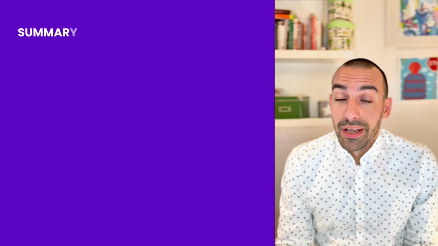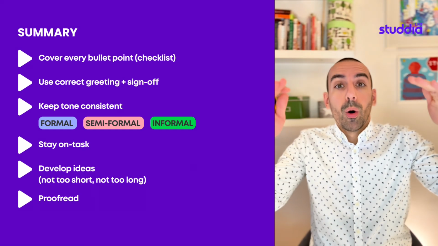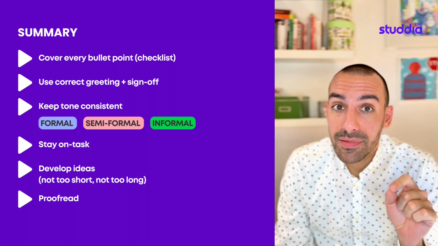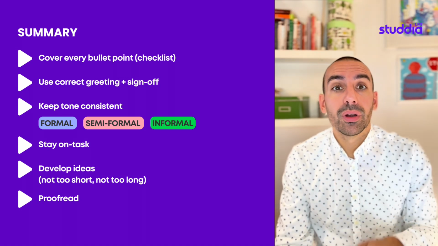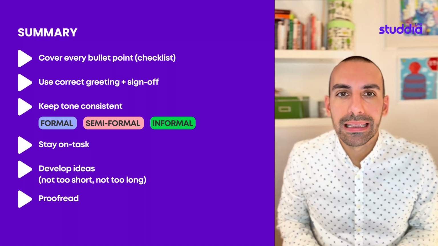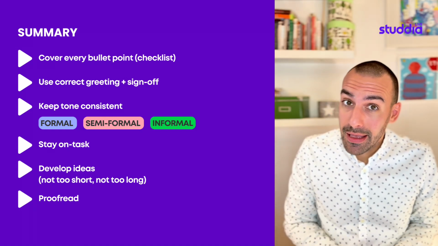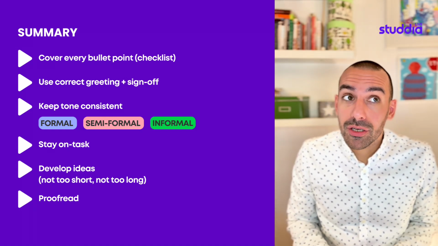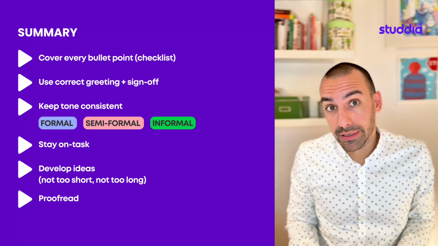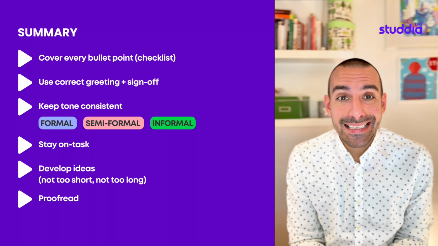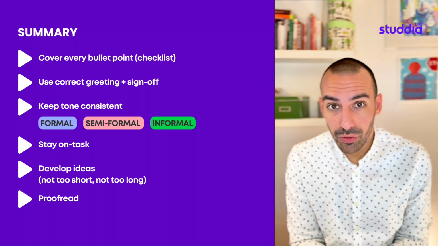So, just to summarize, cover all bullet points, don't miss any, and pay attention to plurals. Make sure each bullet point is covered equally. Always include a greeting and a sign off, and make sure they are appropriate. Your tone must be consistent from start to finish.